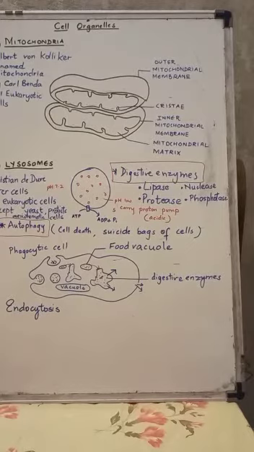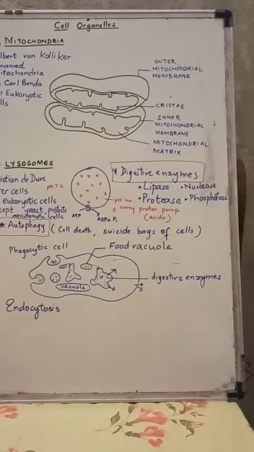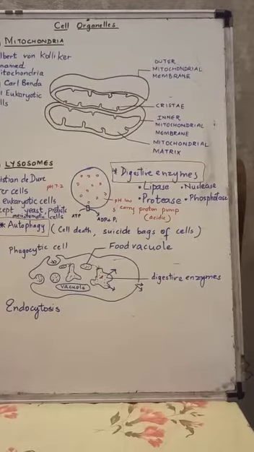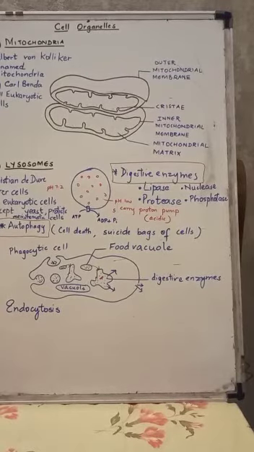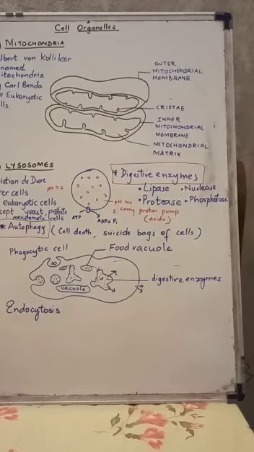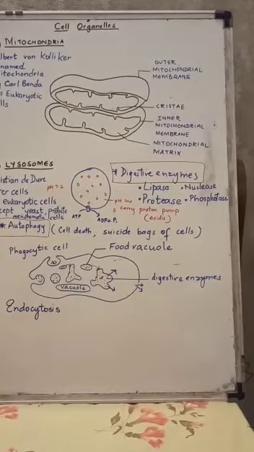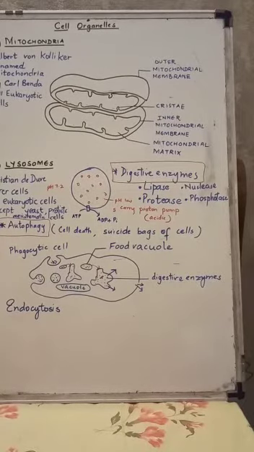They provide intermediates for synthesis of various chemicals like fatty acids, steroids, and amino acids. All in all, when we talk of mitochondria, the energy currency of the cell is ATP, and mitochondria is also known as the powerhouse of the cell.